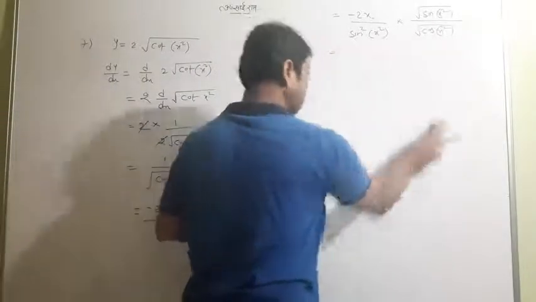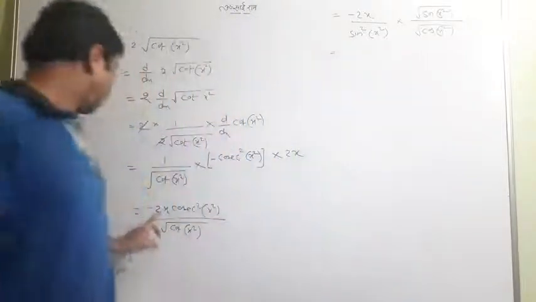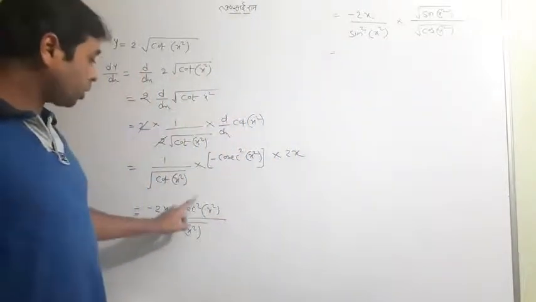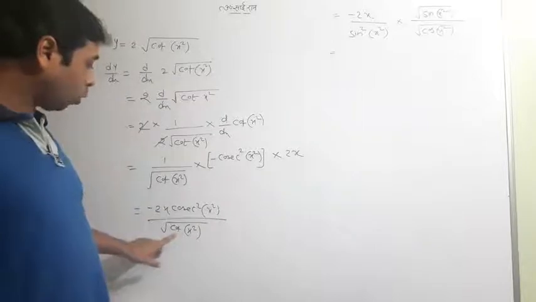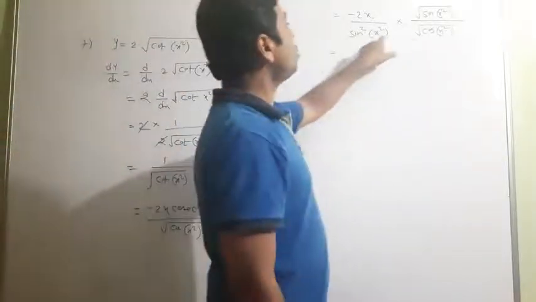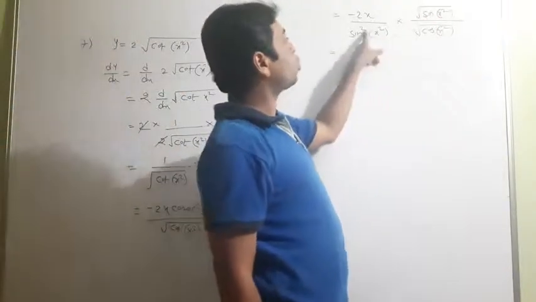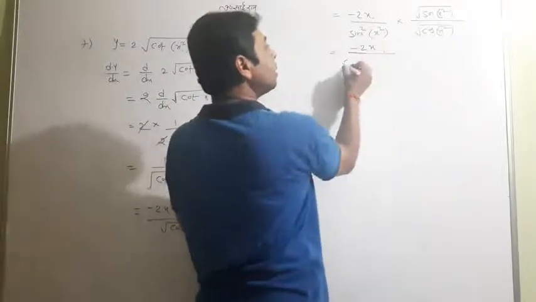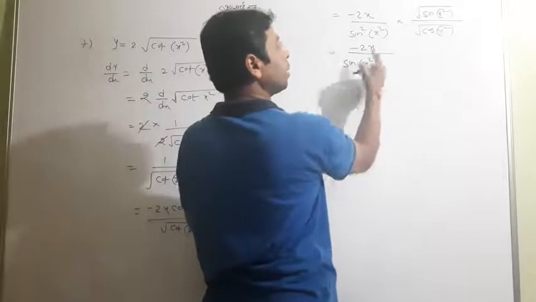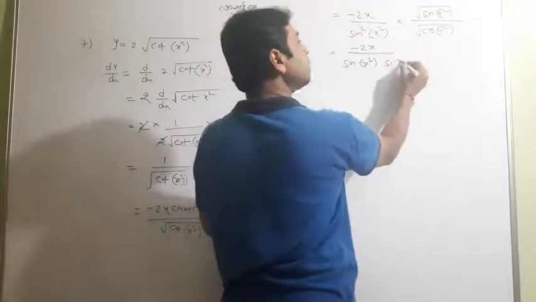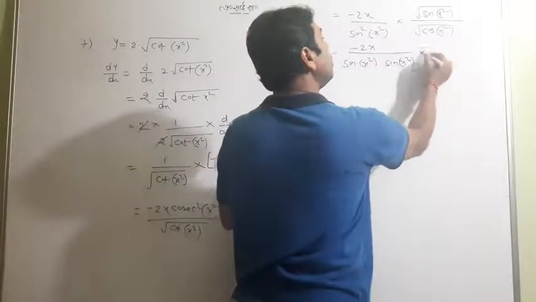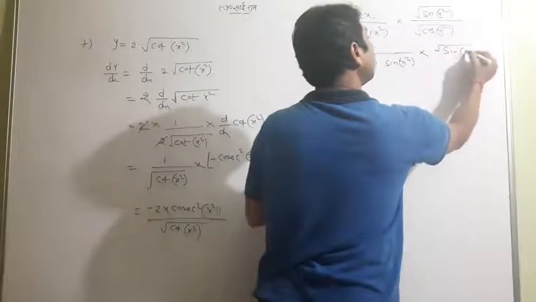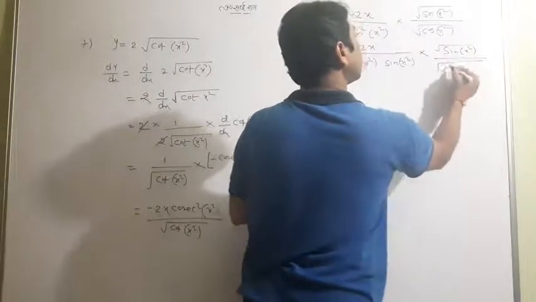Let me write it again. This is the thing. 2x written the same. Cosec square 1 by sine square x square. Okay, cot x square is the same. I was saying these two are the same, but it is actually a square. So let me first write that square as sine of x square, and sine of x square. Hope you understand. Last time I wrote a bit wrong. No worry about it. It is sine x square upon cos x square.